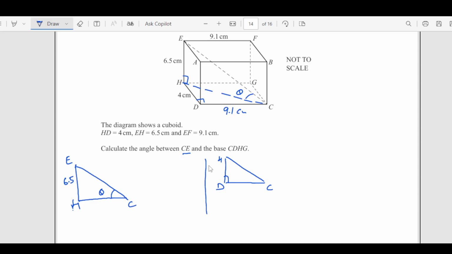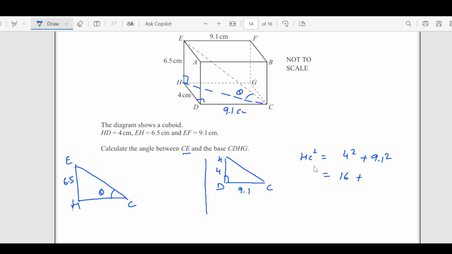This side we have 4 centimeters and this is 9.1. From here we can find out HC. So HC squared is going to be 4 squared plus 9.1 squared. So this is 16 plus 9.1 times 9.1. Let me see.